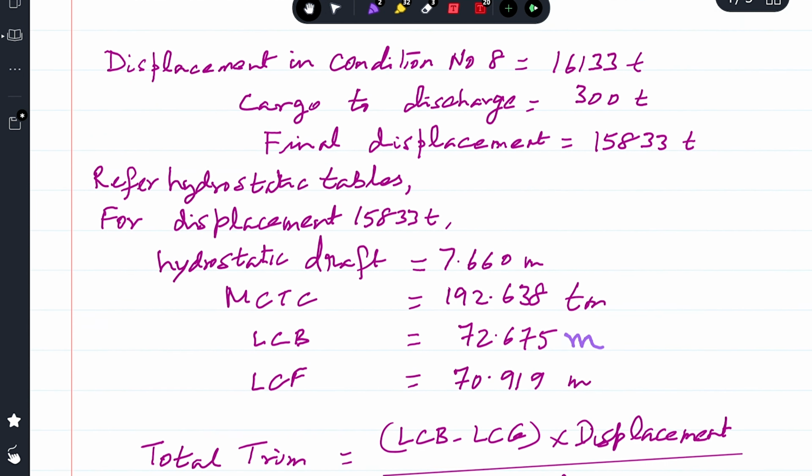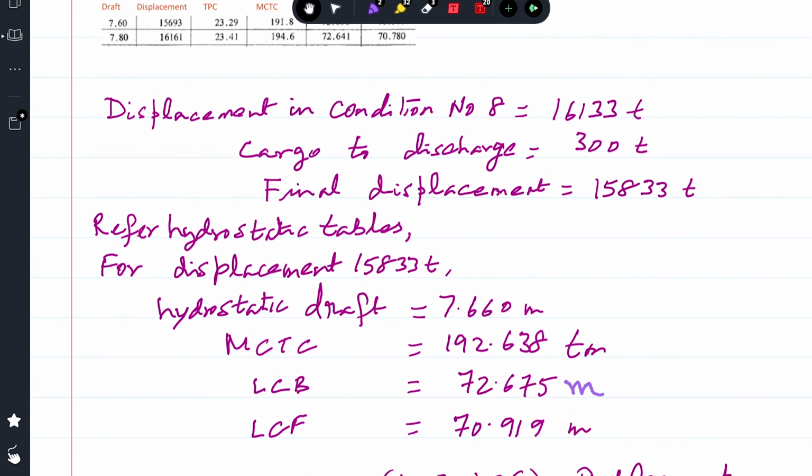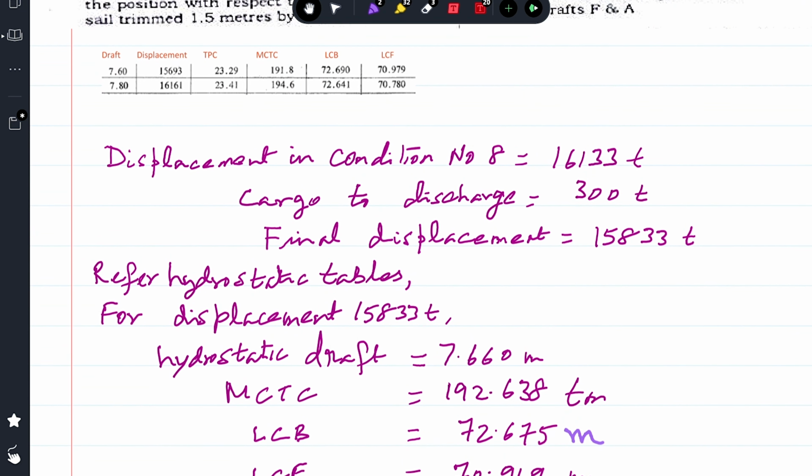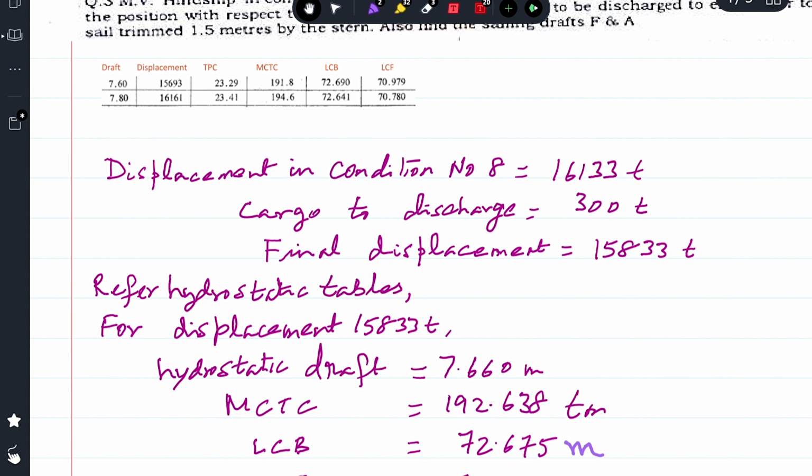MCTC 192.638 ton meters, which I interpolated from here. LCB 72.675 from here, and LCF 70.919, interpolated for my displacement of 15833.